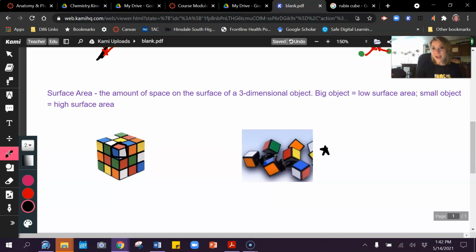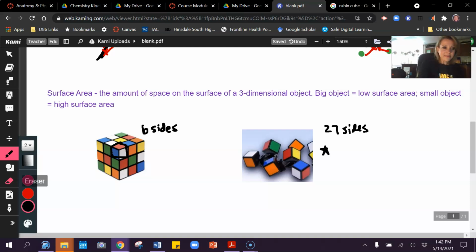Now, that would take a lot more wrapping paper, because now instead of just 6 sides, I'm going to have 27 smaller cubes that have 6 sides each.